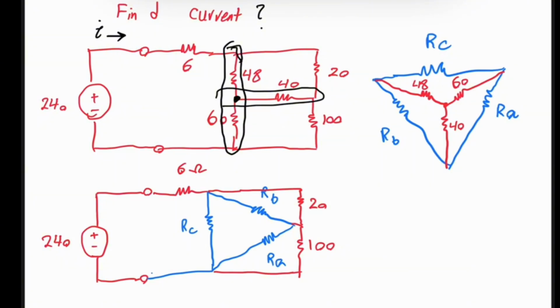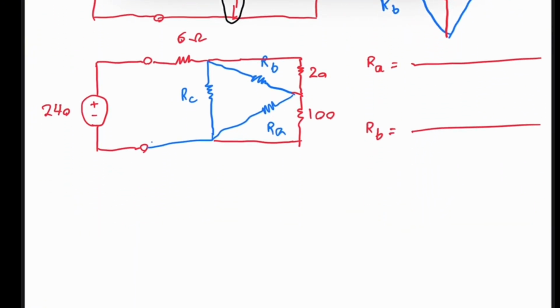In order to find RA, RB, and RC, first of all, for the numerator we need the sum of the products of all possible pairs of resistors in the Y network.